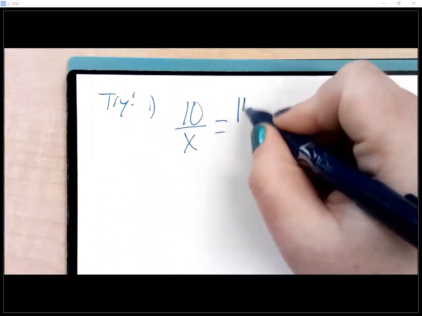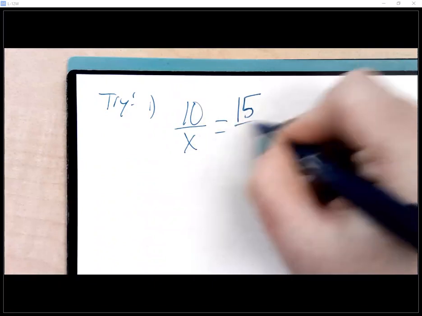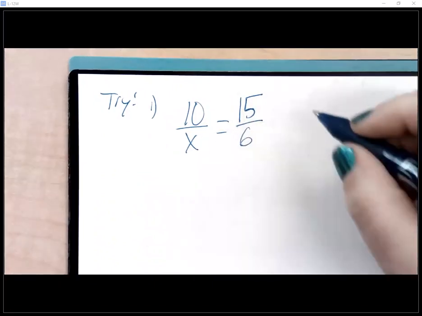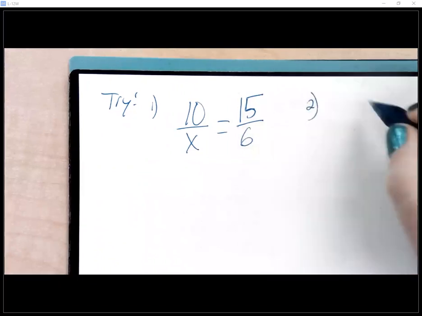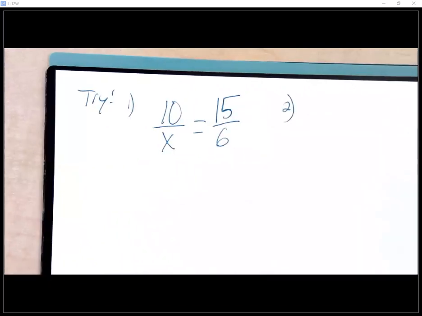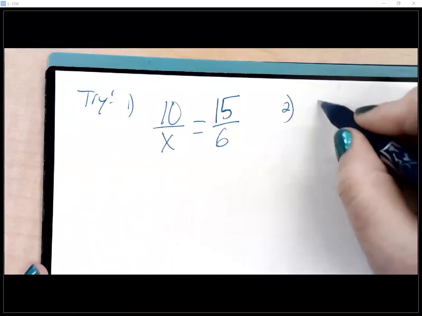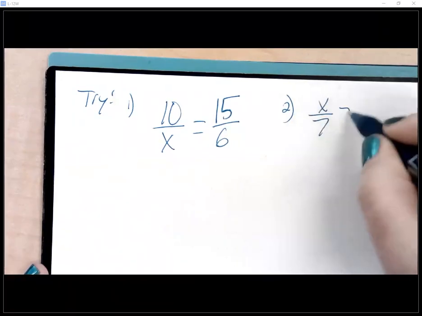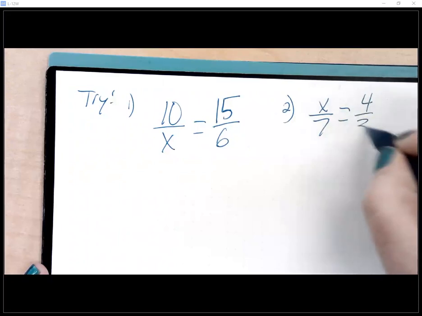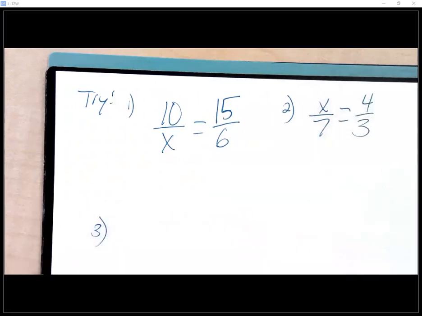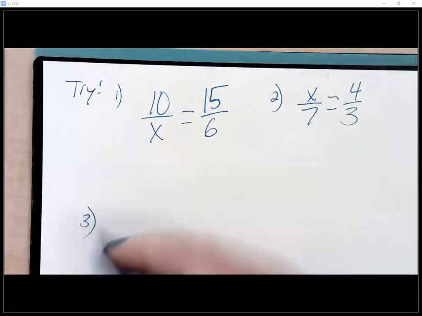I'm going to make that 15 over 6. That one I think comes out nice. Yes, it does. Let me give you some that might not come out nice. You can also have negatives, so I'll throw in some negatives here.